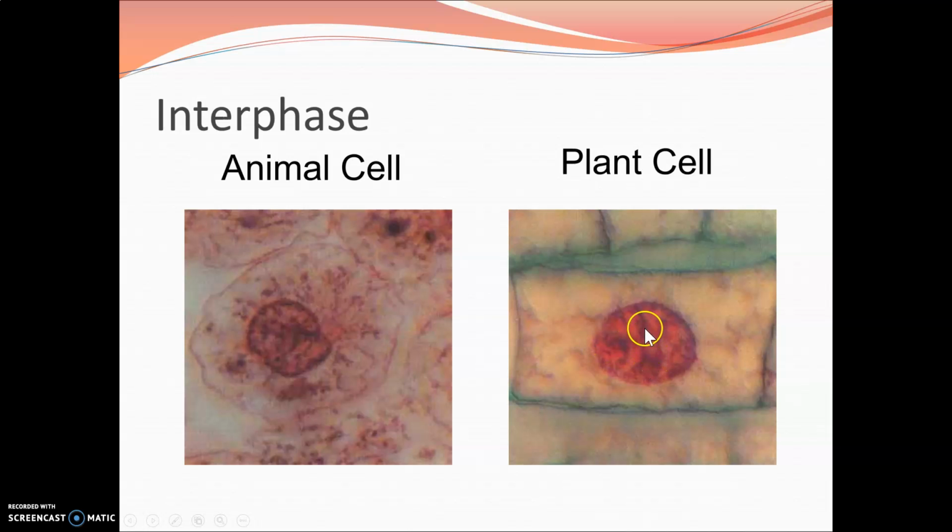It doesn't have any defined shape. That's how you know that it's interphase. Now, when we look at pictures of cells in later stages, you are definitely going to see a difference in the shape of that DNA. So remember this picture when we get to looking at those other ones, because it is going to be a big difference.